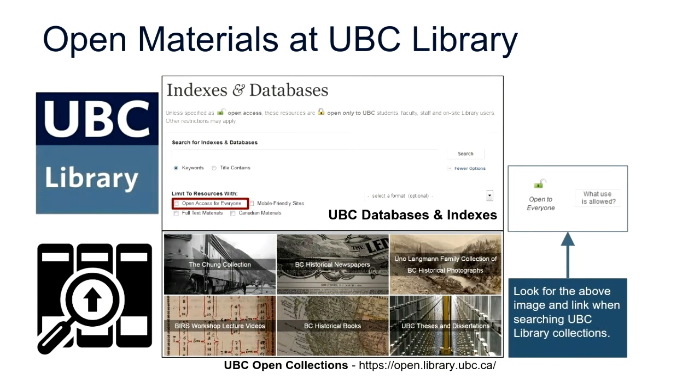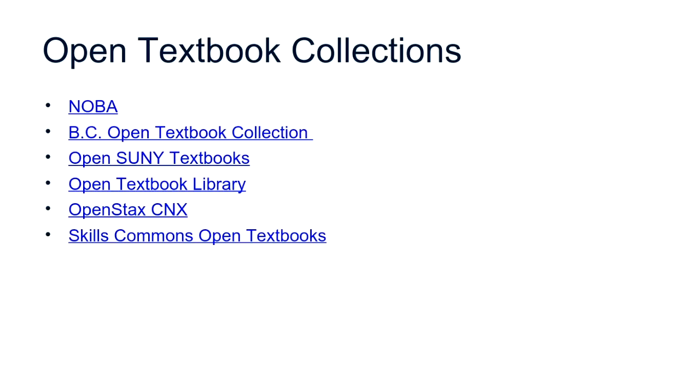So now to talk about open textbook collections, there's been a proliferation of open textbook development, I'd say within the past 10 years. You might be aware of some of these collections, in particular BC open textbook collections, but these are basically collections of very common textbooks, primarily focused on large undergraduate populations.